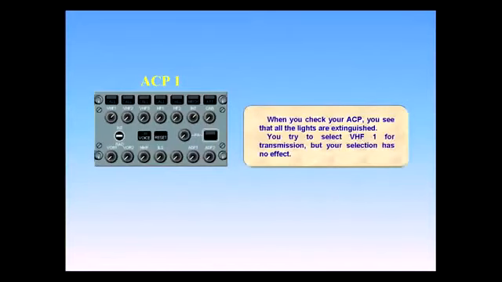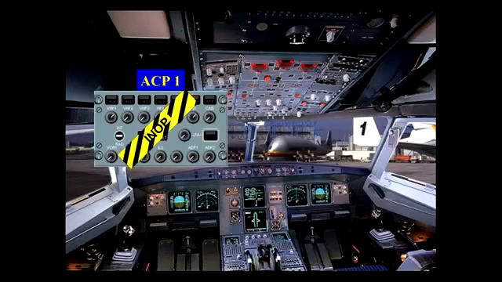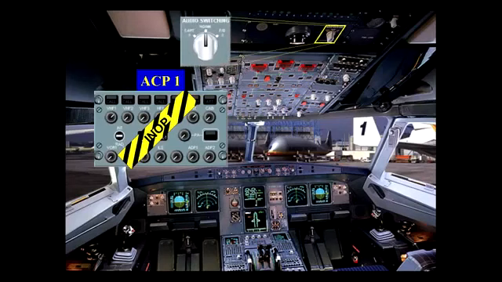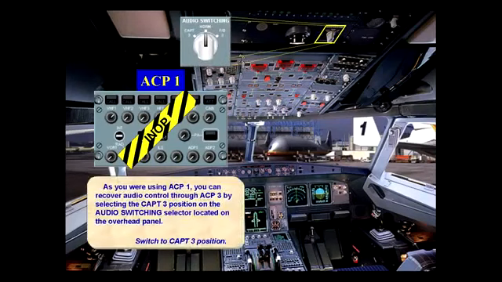You try to select VHF1 for transmission, but your selection has no effect. As you were using ACP1, you can recover audio control through ACP3 by selecting the Captain 3 position on the audio switching selector located on the overhead panel. Switch to Captain 3 position.